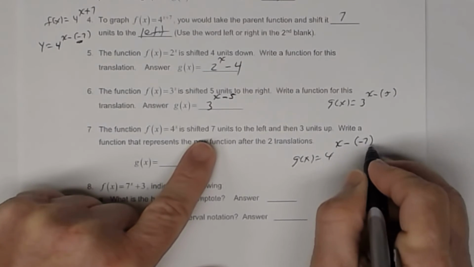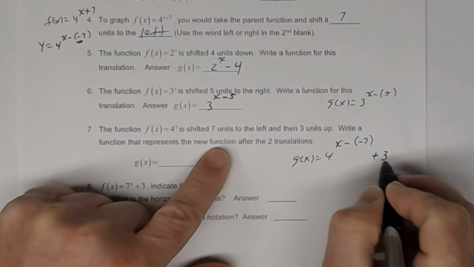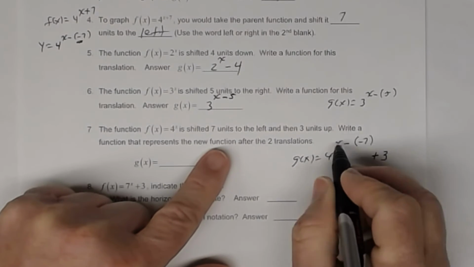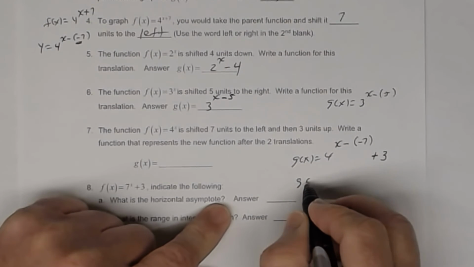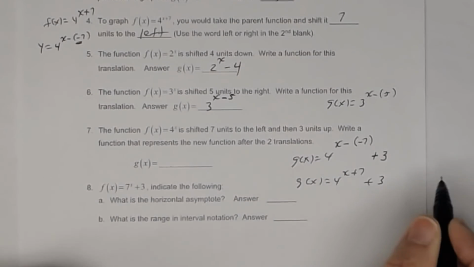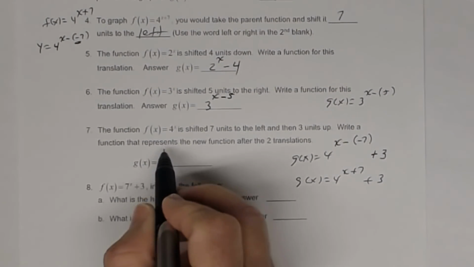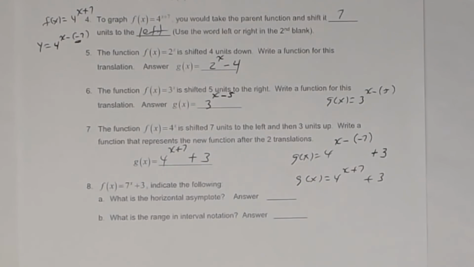So that means a minus 7, like this. And then the vertical translation is 3 units up, so that's a positive 3. Now let's go ahead and simplify this part here. X subtract a negative 7 means x plus 7 and then plus 3. So that's the answer. So it'll be 4 to the x plus 7 and then plus 3, just like that.